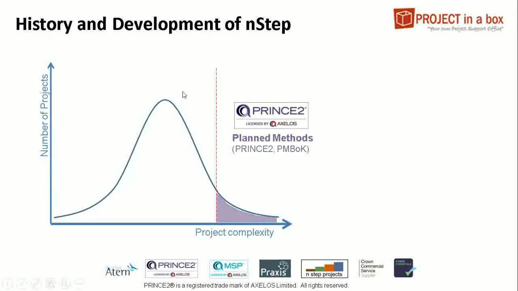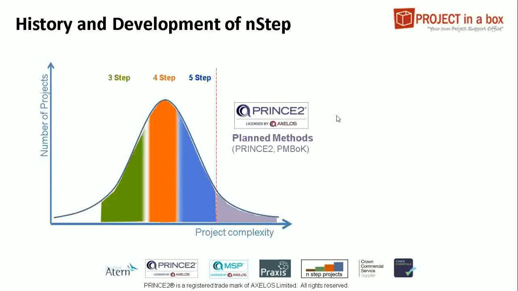But then as we go down from there into actually the vast majority of projects that organisations deliver, we use the nStep method to pick up different steps of complexity for different types of projects. So we've got 5-step, 4-step, 3-step, and then often most organisations below a certain level don't consider things to be projects, and that often means they're not really managed in any structured way at all.